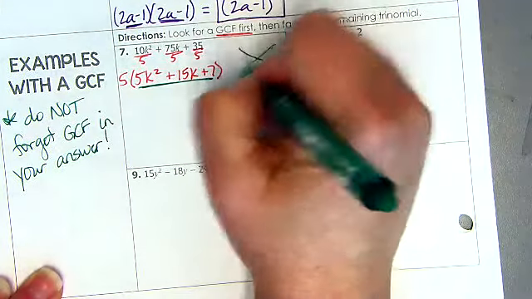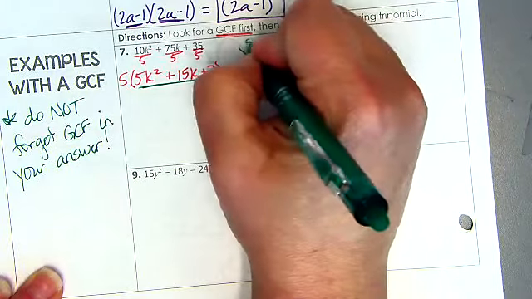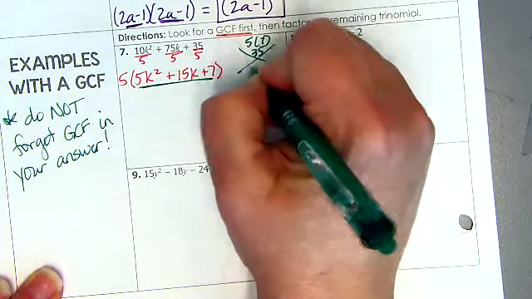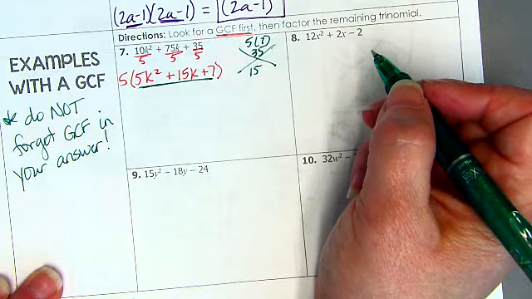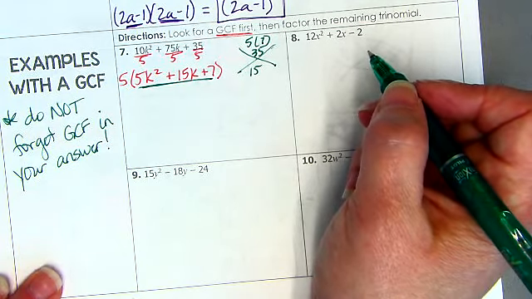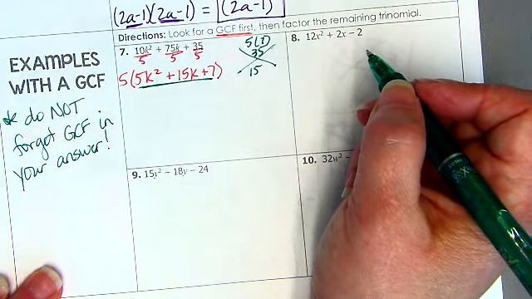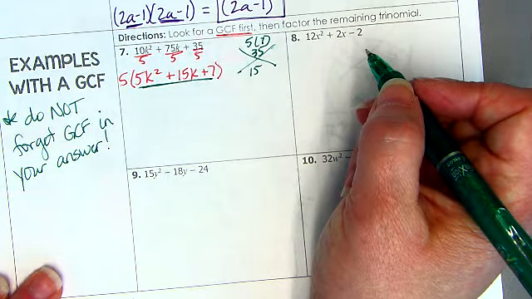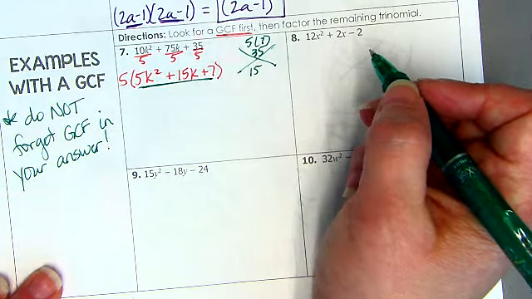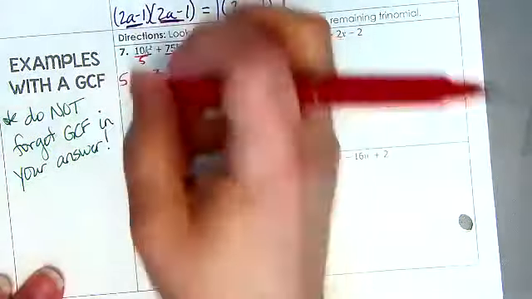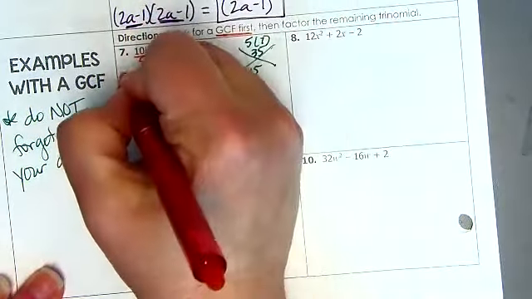Okay, so here we go. So I have 5 times 7, which is 35, and 15. So I have 7 times 5. Wait a minute. If I divide by 5, that's not 5, that's 2. I knew something was wrong. But that's fine.